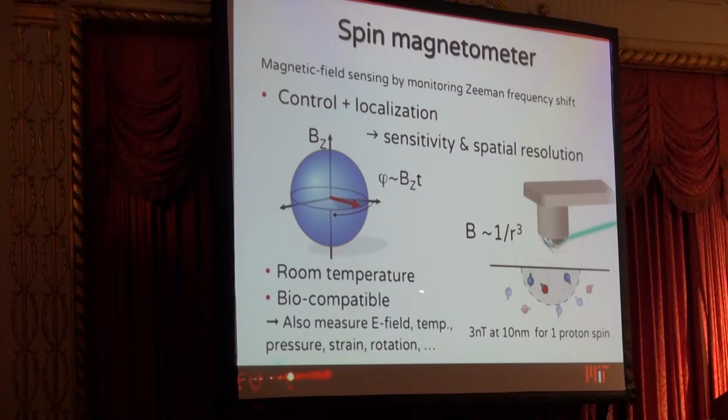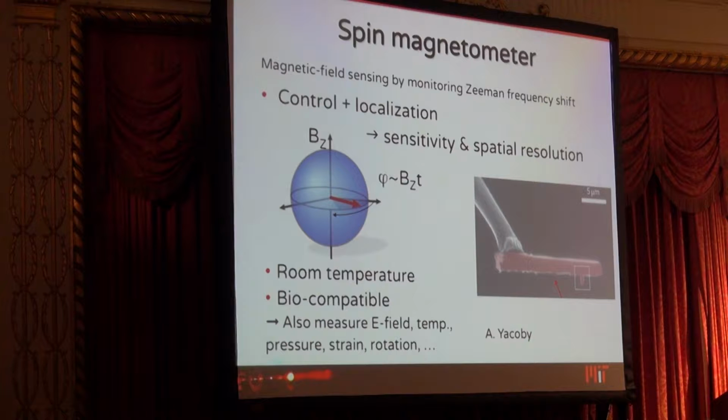So we can achieve very high sensitivity combined with very good spatial resolution. The principle is very simple. You have a Zeeman interaction with an external magnetic field, and you can use a typical Ramsey-type sequence in which you detect a phase due to the precession of your spin in the magnetic field.